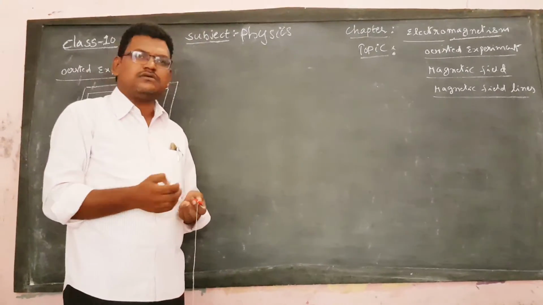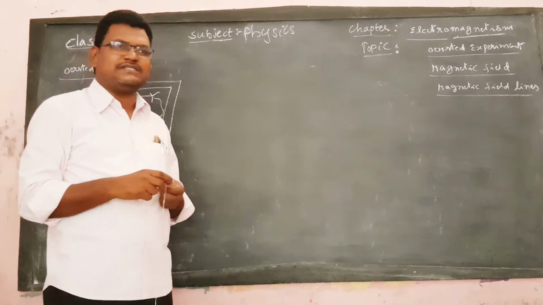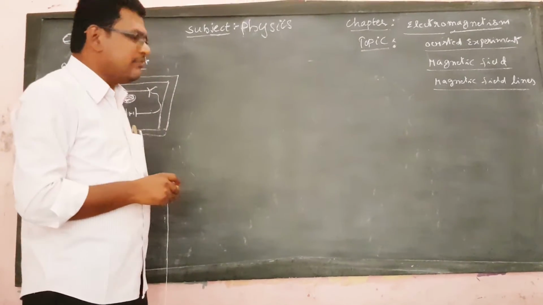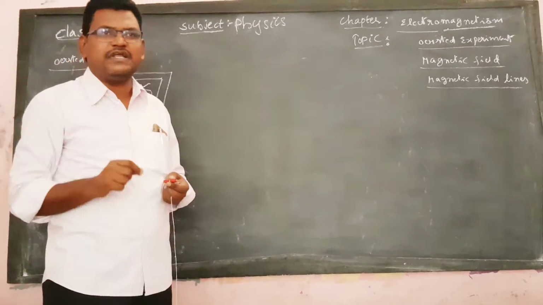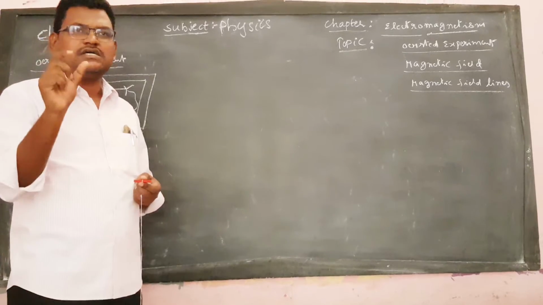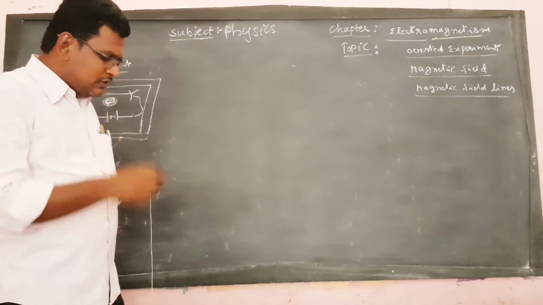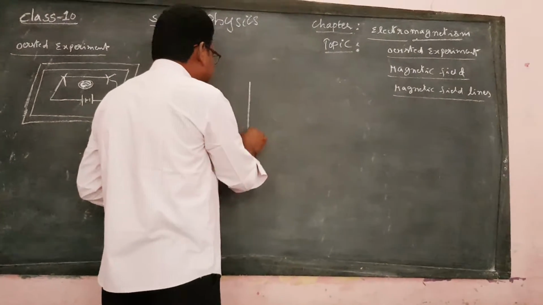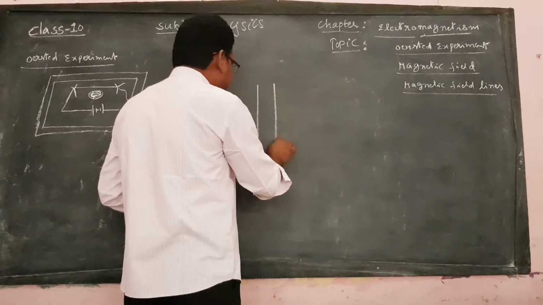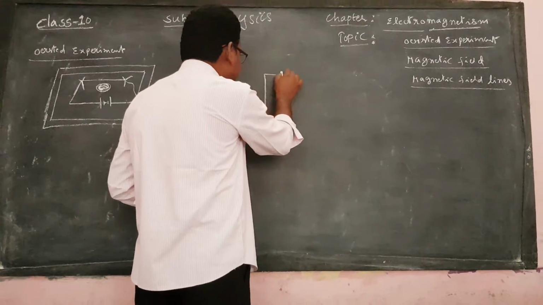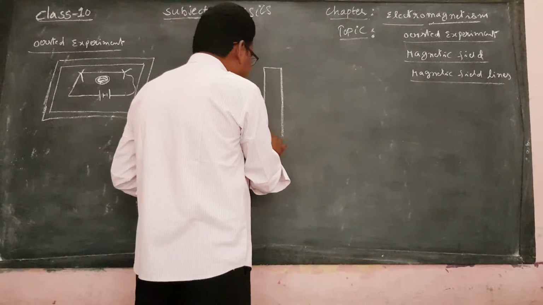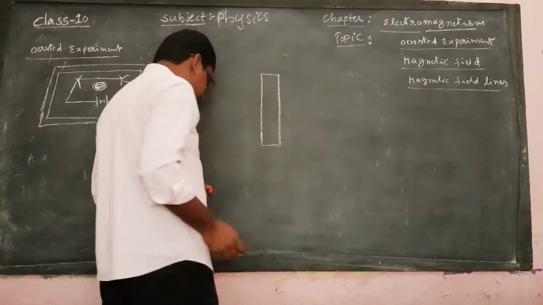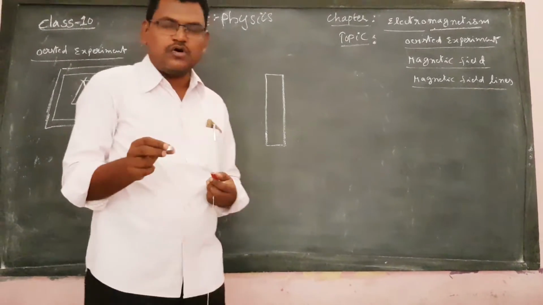Now let's see how the magnetic field of a magnet lies around the magnet. Suppose we take a bar magnet here. But before going to that, let's see this compass box.